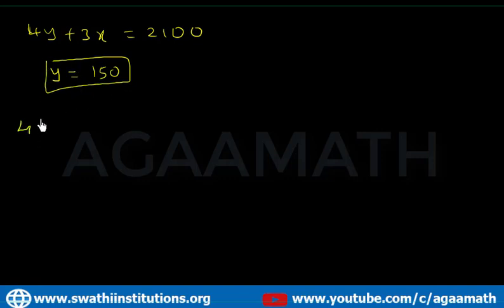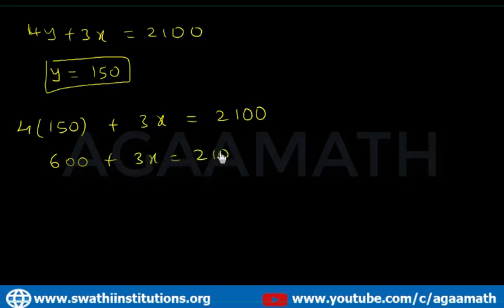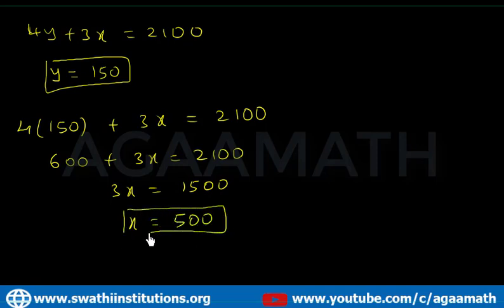So 4 times 150 plus 3 times x equals 2100. 4 times 150 is 600, plus 3x equals 2100. So 3x equals 2100 minus 600, that is 1500. So x equals 500, because 3 times 500 is 1500.